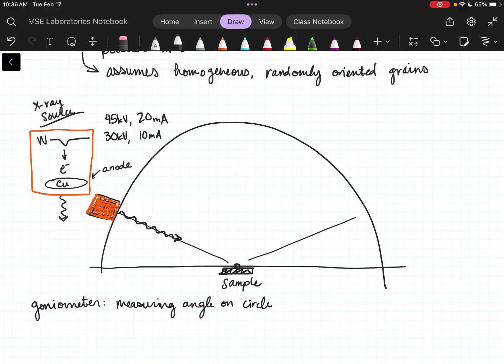I do not have the dexterity to draw that many X-ray wiggles. And then the X-rays are going to bounce off the sample at different angles. So on the other side of the goniometer, I am going to place a detector.